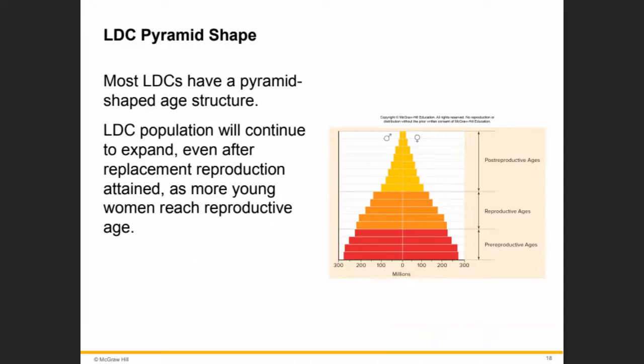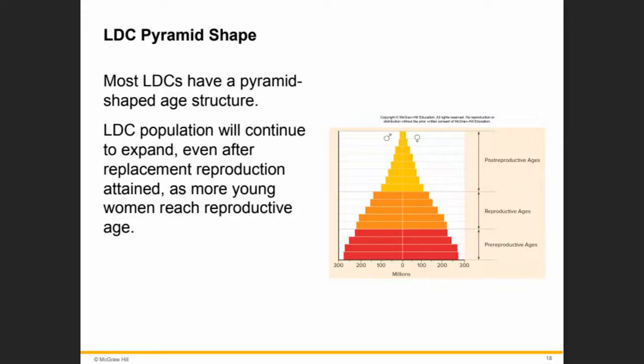Let's look at the LDCs, the less developed countries. They have a pyramid shape over here.